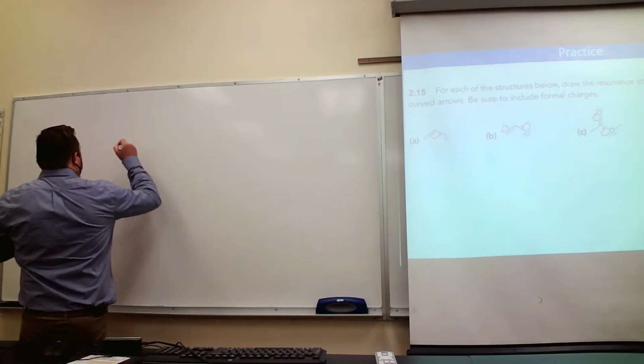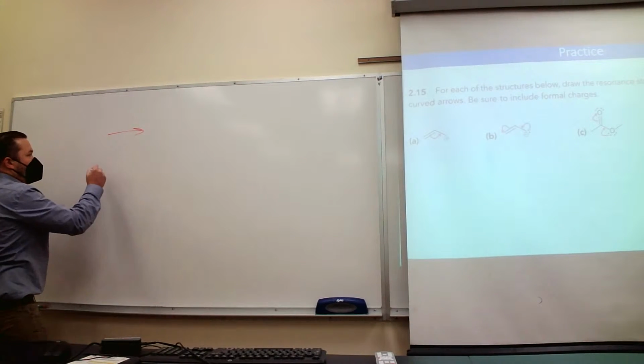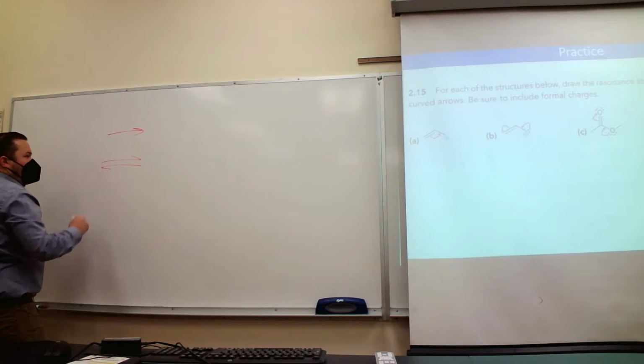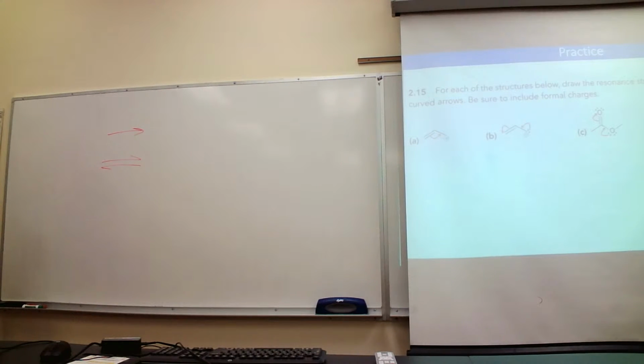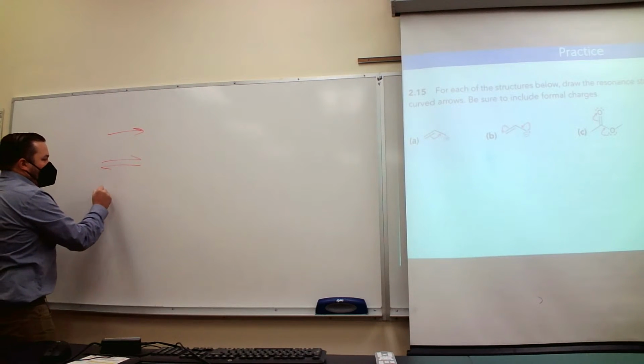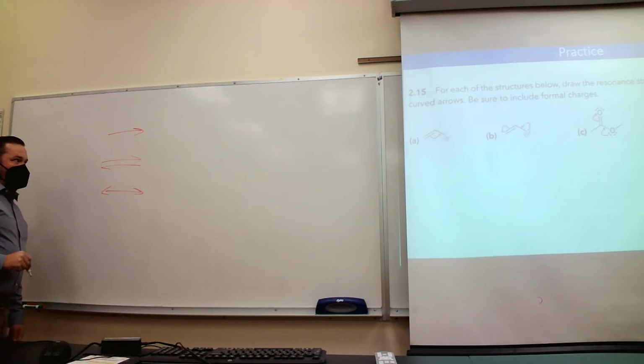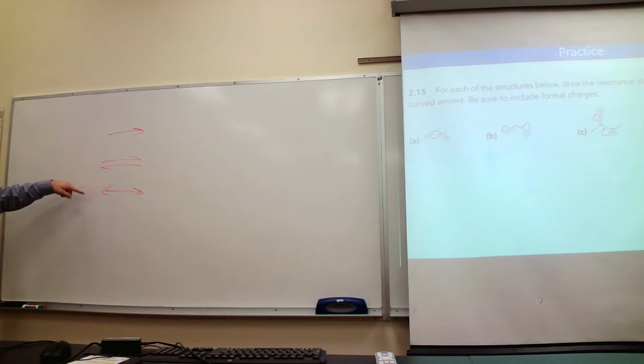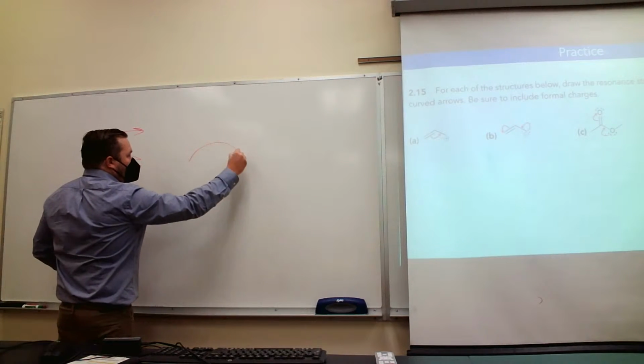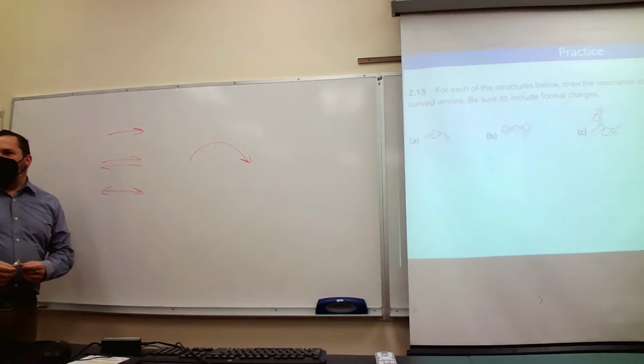So you've got the regular reaction arrow, you've got equilibrium reaction arrows, and you've got resonance arrows, which are separate from the equilibrium reaction arrows. The double-sided arrow, you're saying it's a resonance structure. And then if it's a curved arrow, you're showing how electrons are moving.